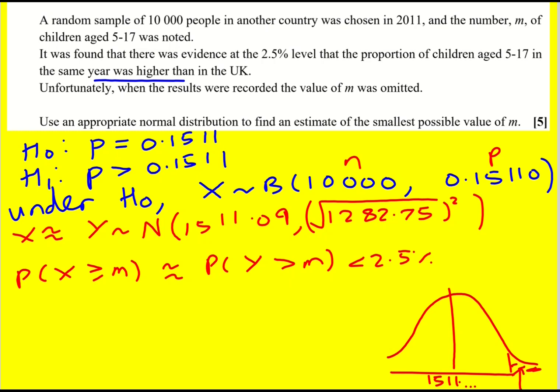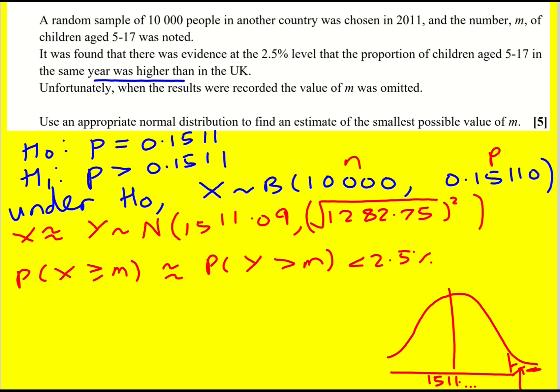In this case, because I want to include M, it would be greater than M minus 0.5. I just mention it, if you're somebody who's going on to study statistics, or you're just interested, you cannot just go from a discrete to a continuous distribution without any consequences. You have to do a continuity correction. I'm not going to carry on with it here though.